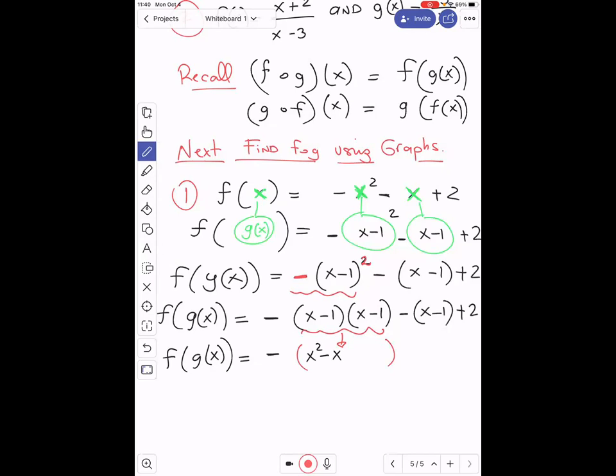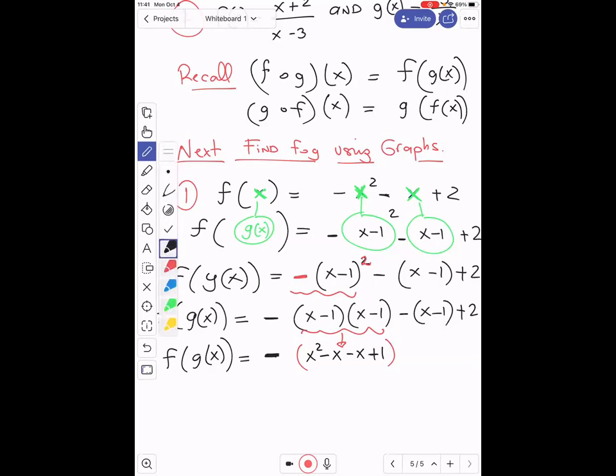Minus 1 times x is another minus x. And then minus 1 times minus 1 will be a plus 1. As you can see, guys, I put everything between parentheses because that's my square, right? So I'm doing the square. And again, there's this minus outside. I didn't distribute the minus yet.